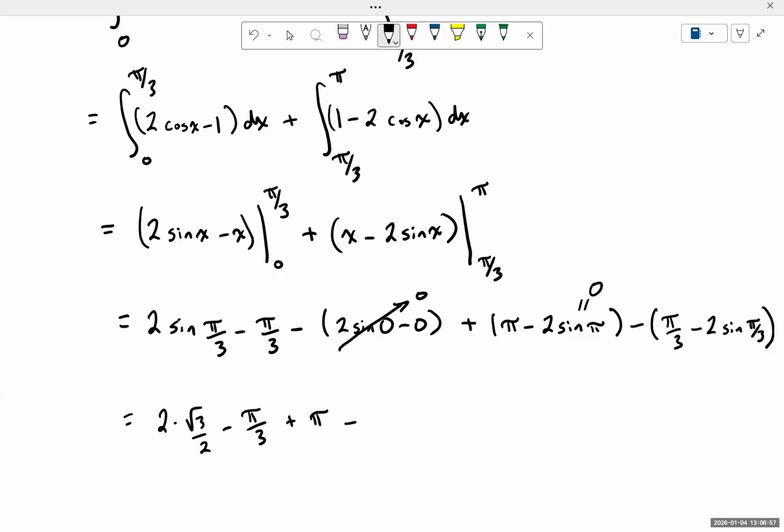So then we have minus pi over 3 plus 2 times root 3 over 2. So this looks like I've got 2 root 3, and then pi minus 2 is going to be plus pi over 3. Yay.